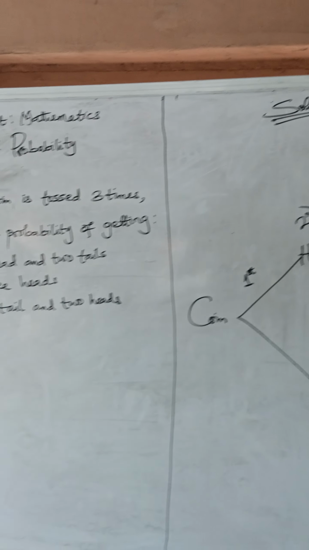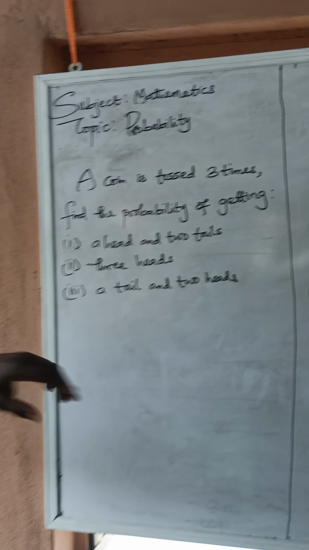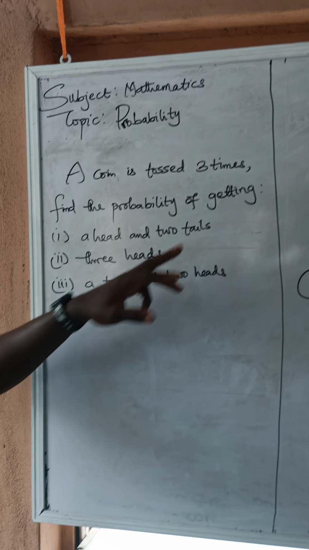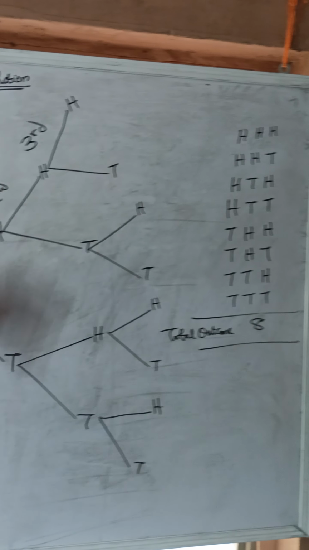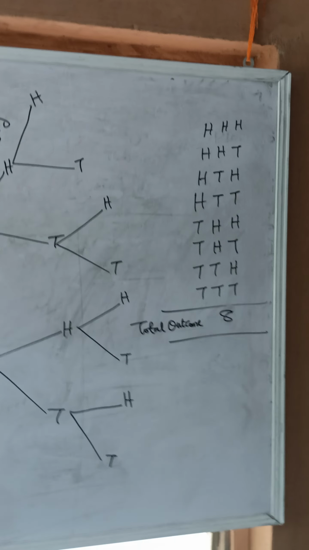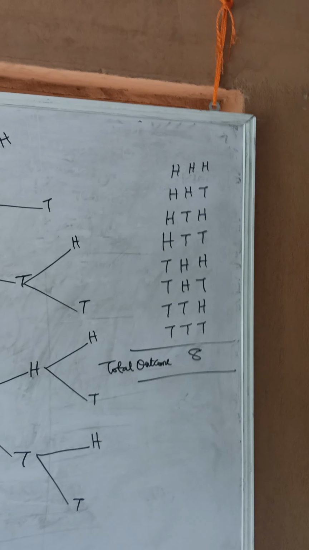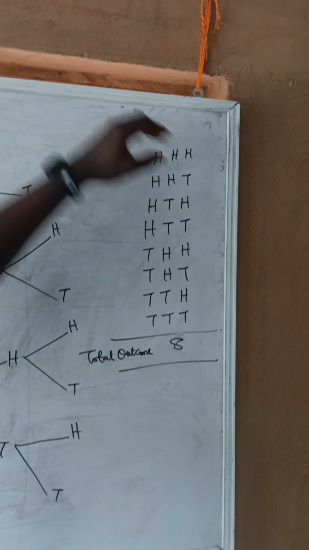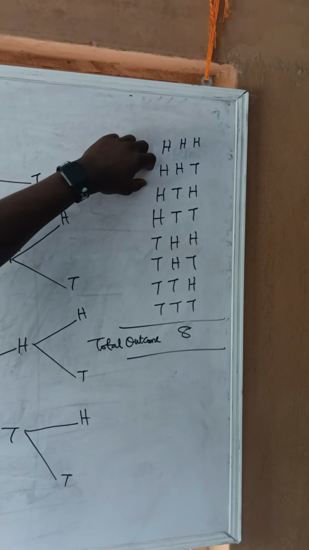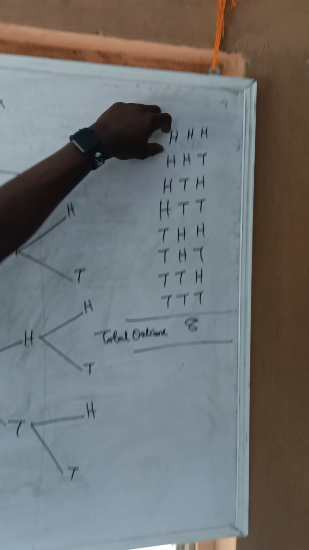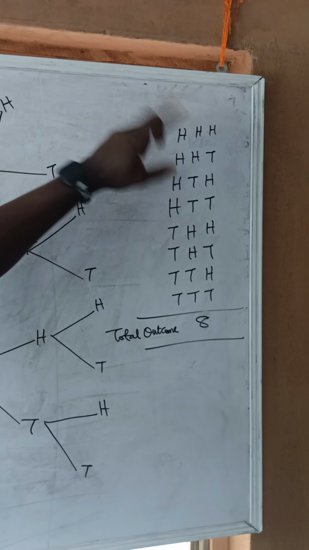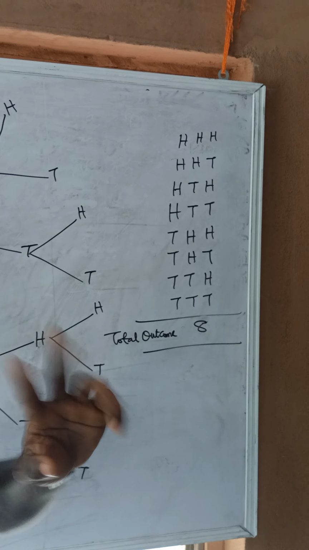The question one says a head and 2 tails. So let's go to the outcomes. We can't pick head, head, head, because here we have 3 heads. We can't pick this because here we are having 2 heads. Because we are talking about a head and 2 tails.